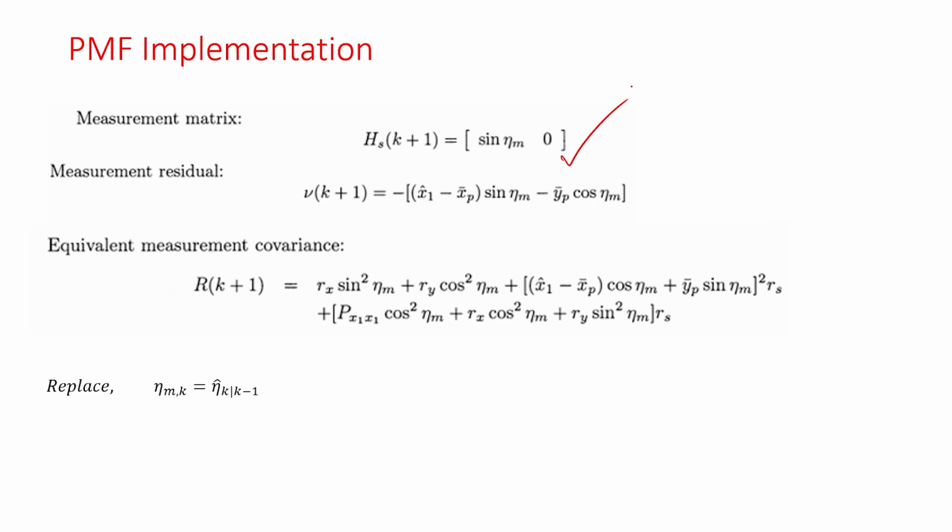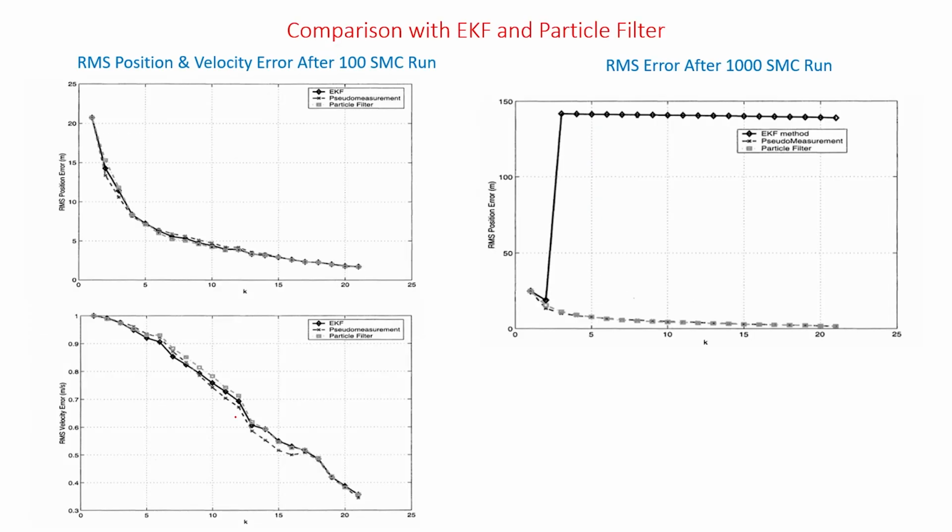That is why I have done 0, that means noise free measurement, because my measurement is 0. So H is like this, my measurement residual is like this, and my R is updated with this. Obviously, with M I have to replace it with the prediction. Once I do this, this is very important.